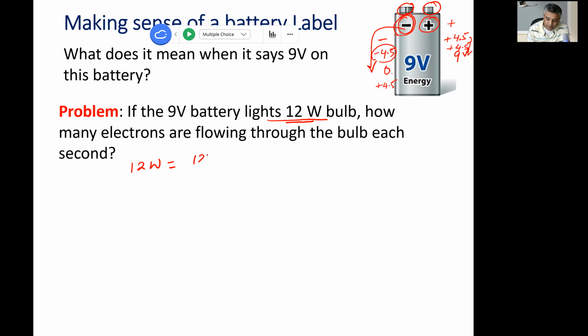So we can write that as joule per second. The change in electric energy over time is 12 joule per second.